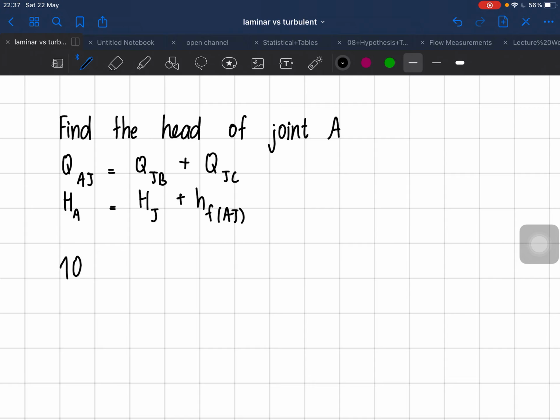So we have 100 equals HJ plus friction AJ.